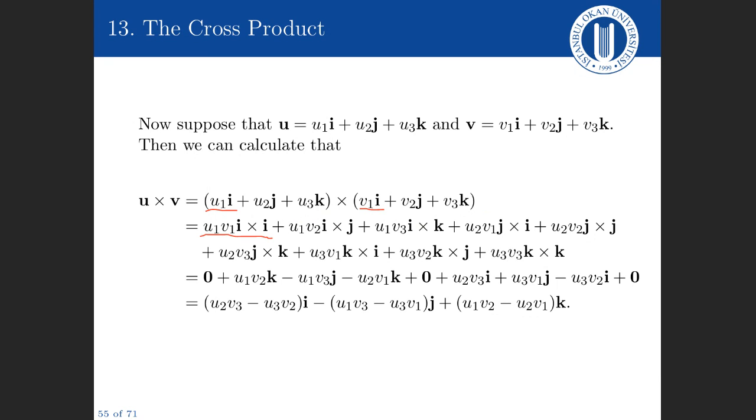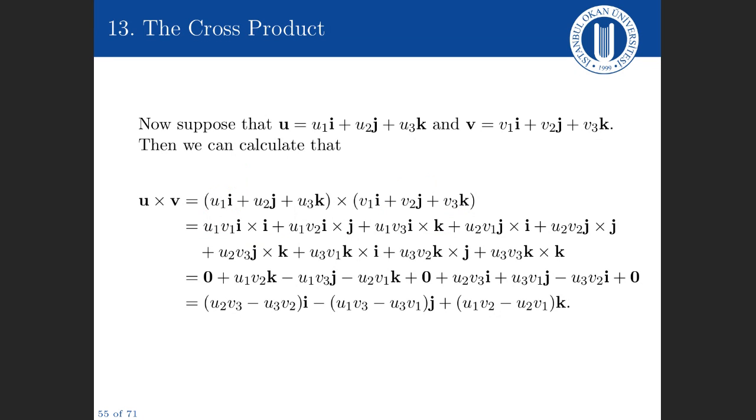And then we do u1 i cross v2 j, which gives u1 v2 i cross j. You can also do u1 i cross v3 k. That's u1 v3 i cross k, etc. If we multiply these out, we get 9 terms.